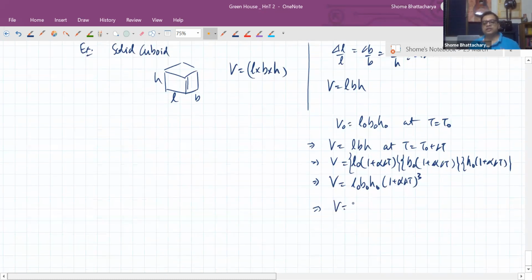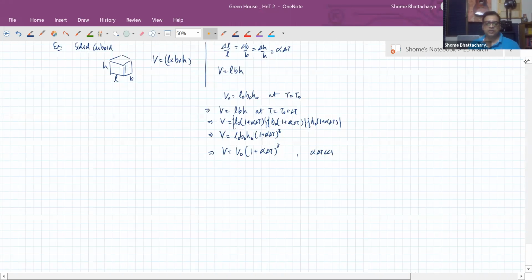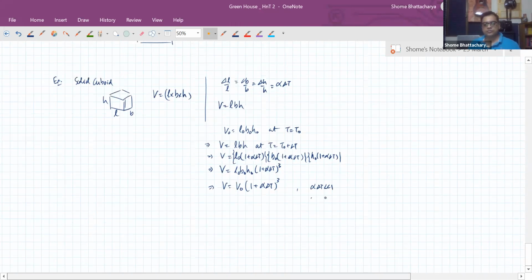So the volume in general should be equal to the original volume into 1 plus alpha delta T whole cube. But remember that alpha delta T is generally very small compared to 1. So again, we can apply the binomial approximation, and that's how this relation will reduce to this step.